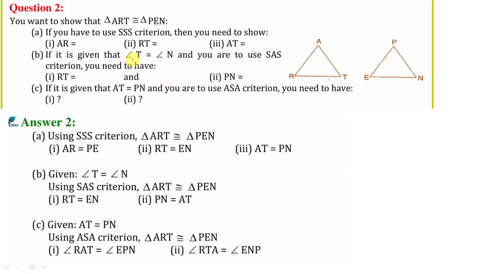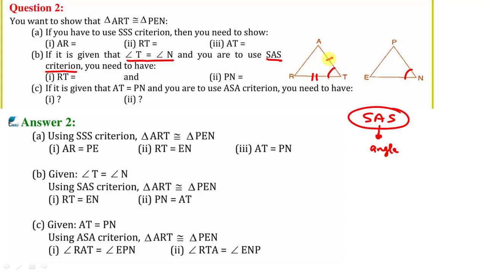Next part: it is given that angle T is equal to angle N, and you have SAS criteria, so side angle side. In the center there is the angle, and this is one side, this is another side.